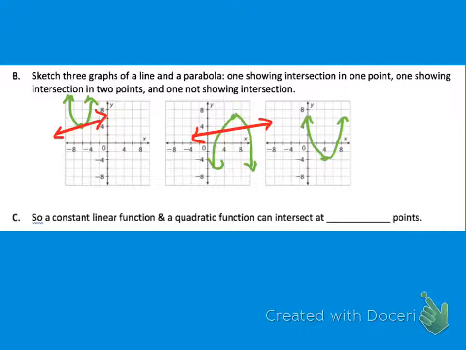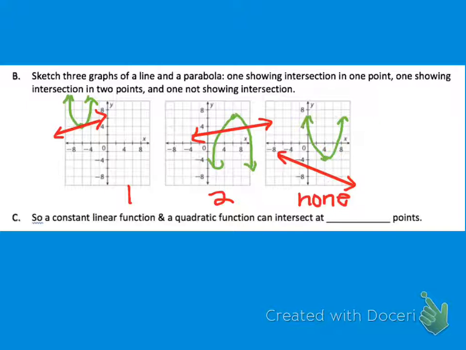And then maybe we have a line like this. So it's just never going to cross it again. So that's 1, 2, and none. No solutions there.